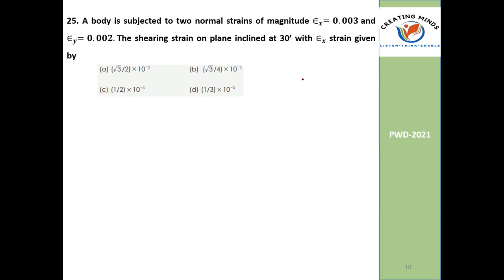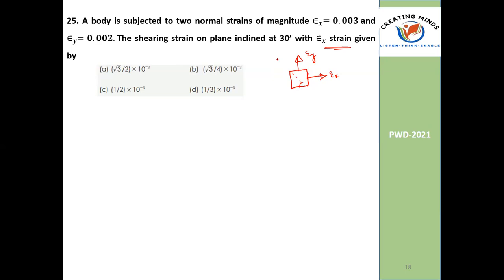If this particular object or lamina is subjected to two strains, that is epsilon x and epsilon y, the shearing strain is inclined at 30 degree. So what is the strain? You have to compute the total strain.